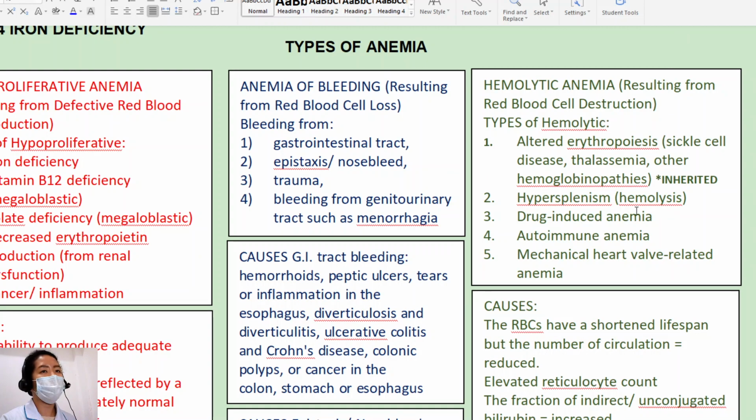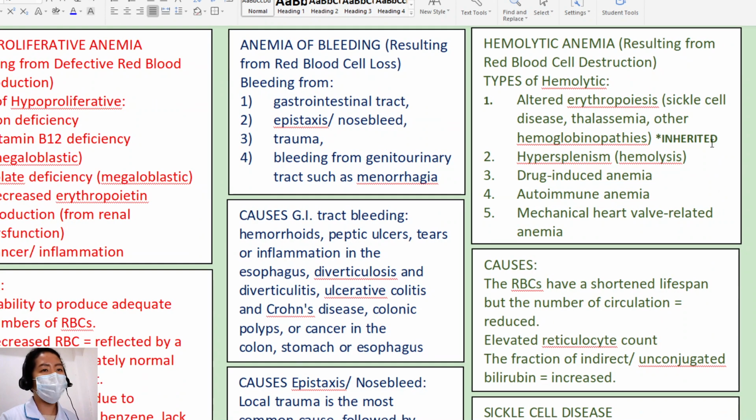Hemolytic anemia. Types of hemolytic are altered erythropoiesis like sickle cell disease, thalassemia, and other hemoglobinopathies. So usually these are inherited diseases. Next, hypersplenism due to hemolysis.